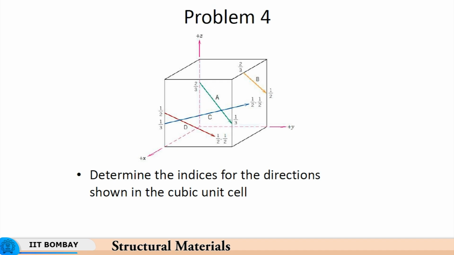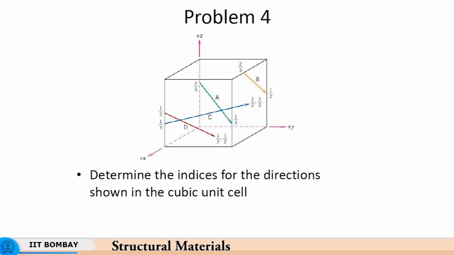The problem here is about indices for the directions shown in the cubic unit cell. So, we have seen how we find out the Miller indices for directions and Miller indices for planes. So, you have these 4 directions A, B, C and D. So, what you do is you subtract the component of the tail from the head.